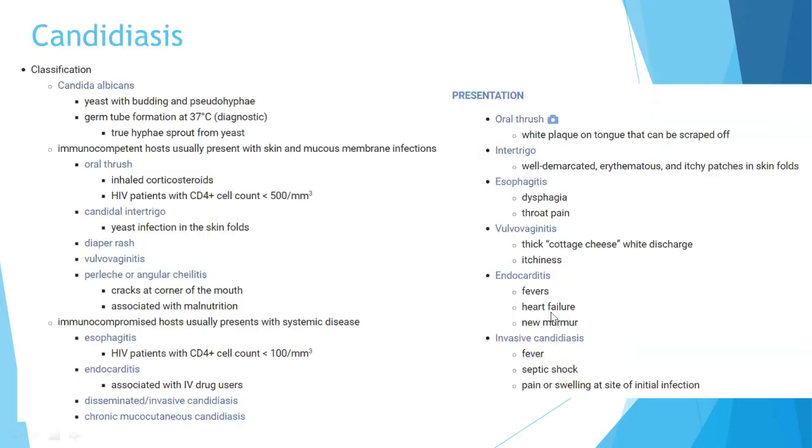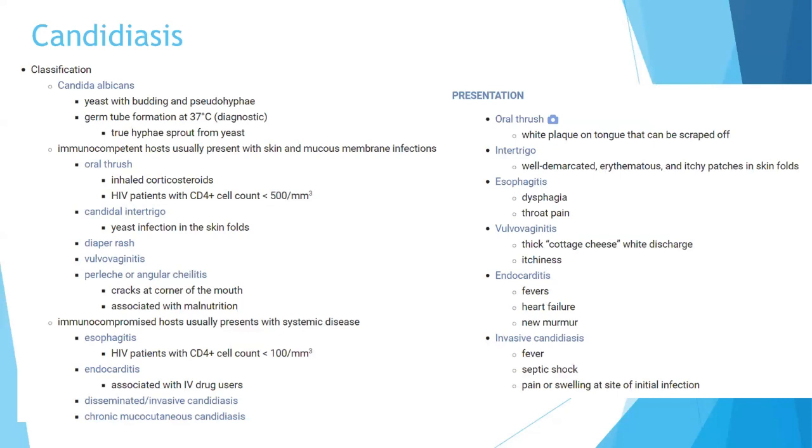Now let's talk about candidiasis in detail. Candida albicans is a yeast with budding and pseudohyphae, and it causes germ tube formation at 37 degrees Celsius, which is the diagnostic feature of candidiasis. The immunocompetent host usually presents with skin and mucous membrane infections like oral thrush, candidal intertrigo, diaper rash, vulvovaginitis, or angular cheilitis.